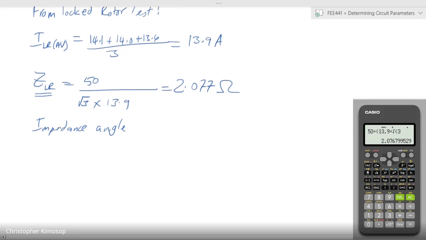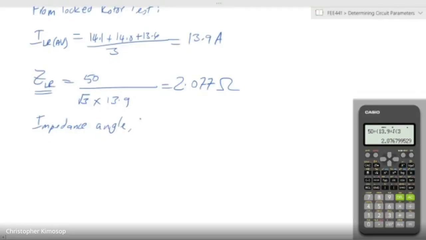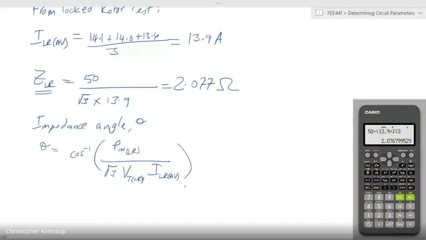So we start with, let's call it theta. So theta is equal to the inverse cos of the input during locked rotor over √3 times voltage locked rotor times the average locked rotor current, right? This is standard.